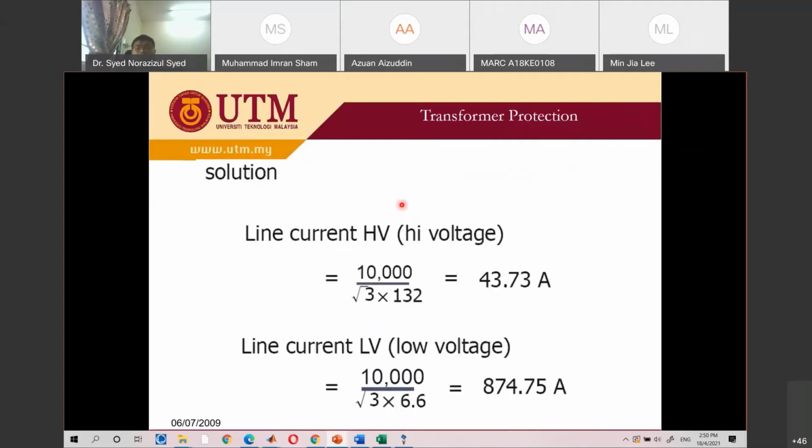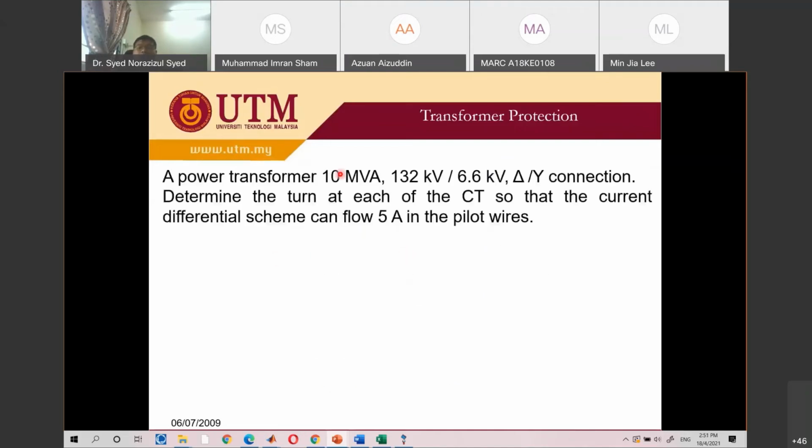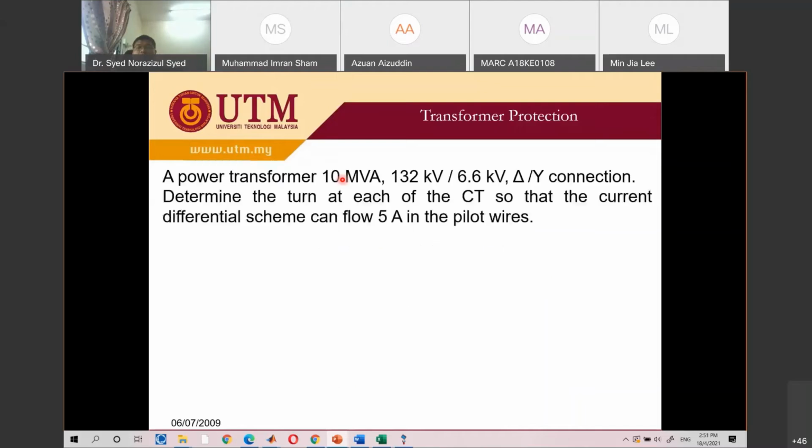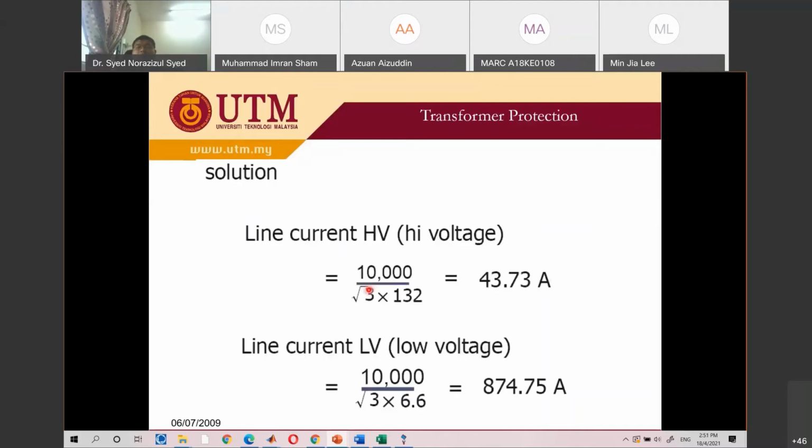Okay, this is the solution. For the line current you have 10,000 kVA, that is 10 MVA, divided by root 3 times 132 kV. If you have K and K here, you can cancel out the K, 10,000 K and also 132 K. And then you have 43.73 amp.